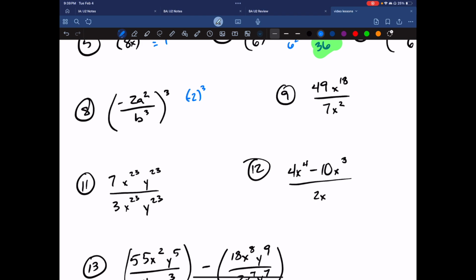Okay, 8. We have again negative 2 cubed times a squared times 3 over b cubed times 3. So 2 cubed is 8. Because it's negative, that's going to be negative 8. And that's going to be a to the 6th and b to the ninth.